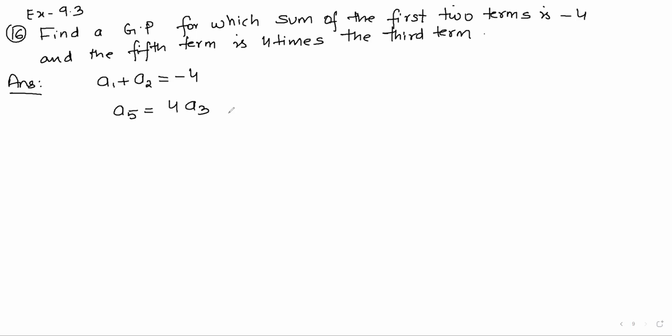What is the first term? Sir, -4/3 and 4. Okay, very good. And common ratio? Common ratio is plus minus 2. Okay, Sparsh, good.